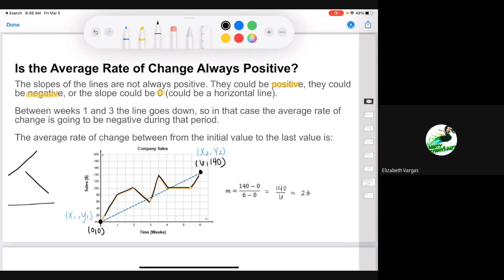Approximately 23.33. 23.33 is a positive number, which we'll look at a little further. And so this would be a positive slope. So the average rate of change would be 23.33. And we'll look more on Monday at the difference between positive, negative, and zero slopes. Okay, any questions? No, ma'am.